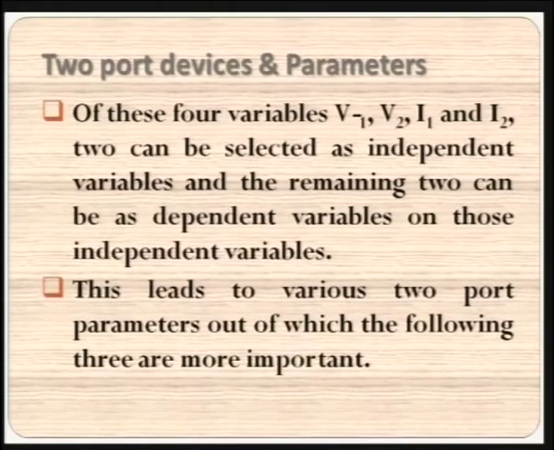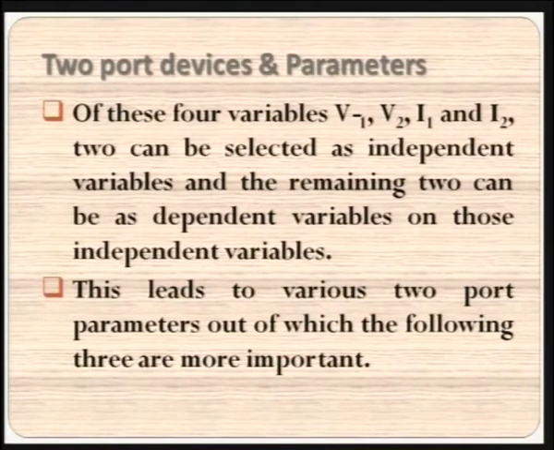Because of this flexibility, we have lots of transistor parameters. So, transistor parameters are decided by the way in which we take the variables for mathematical treatment. There are few quite familiar or famous parameters. Let us see what are those parameters.